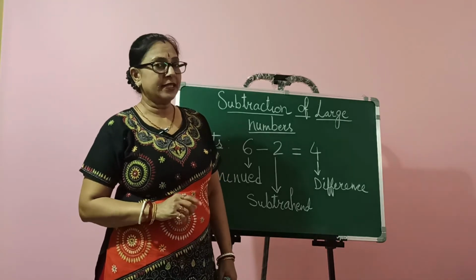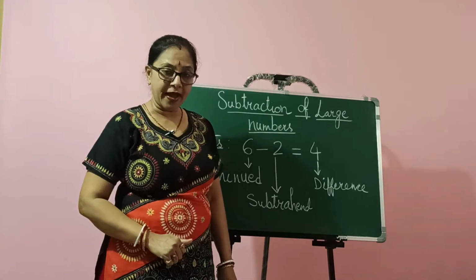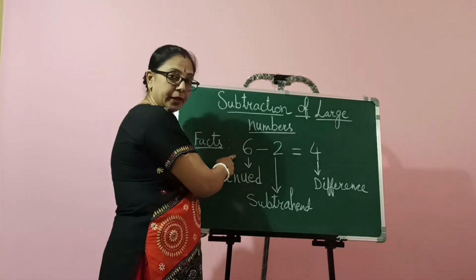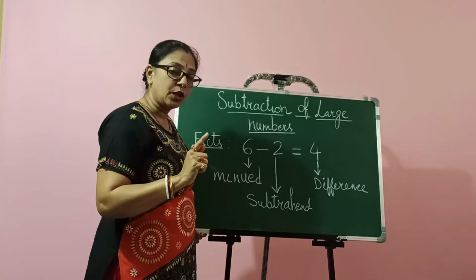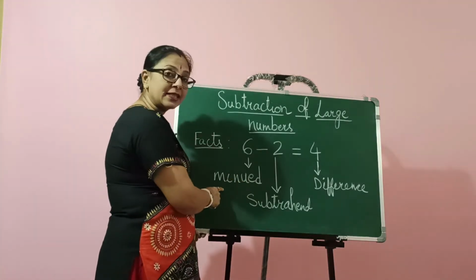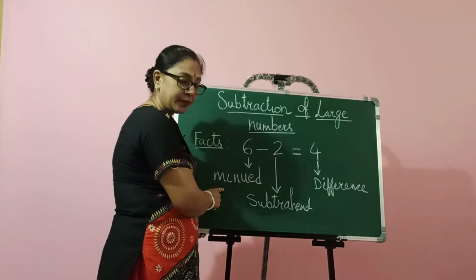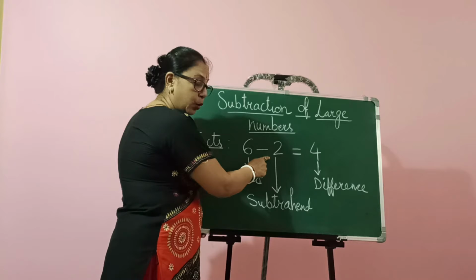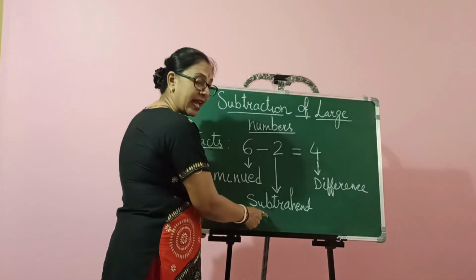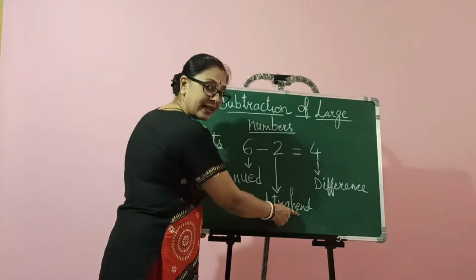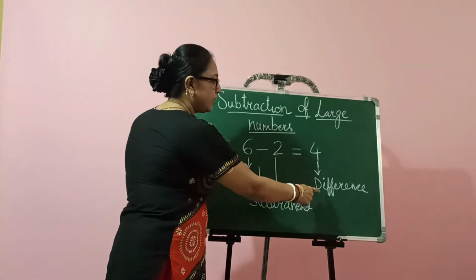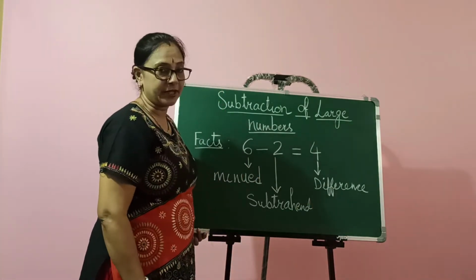Now, let us understand the next important fact about subtraction. The big number from which we subtract the smaller number is known as the minuend. The number which is subtracted, that is the smaller number, is known as the subtrahend, and the result of the subtraction is known as the difference.